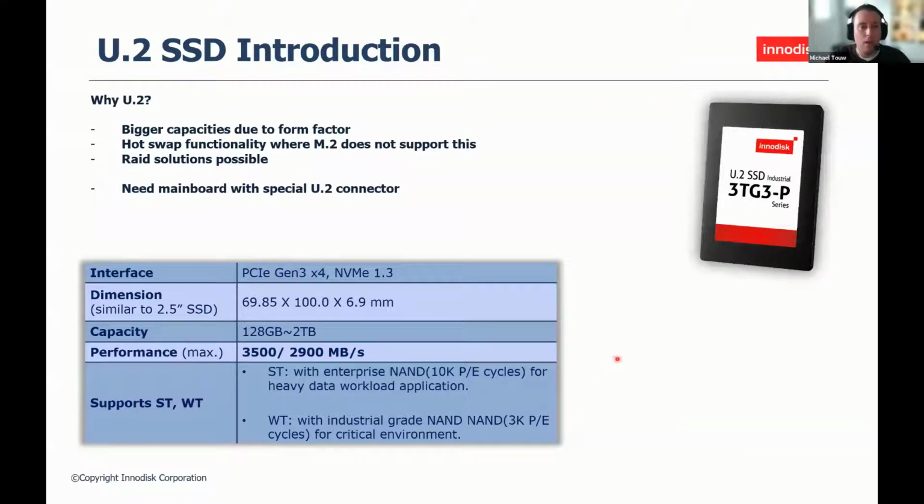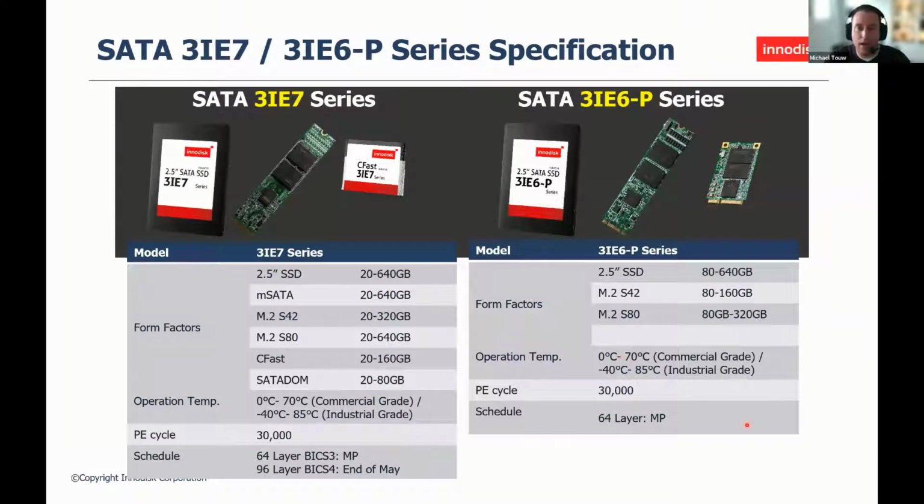Keep that in mind. The next product that we have is iSLC based on 3D TLC. And this is an advantage if your customer wants to have a high PE cycle, so a high rewritability, for a more affordable price compared to SLC.